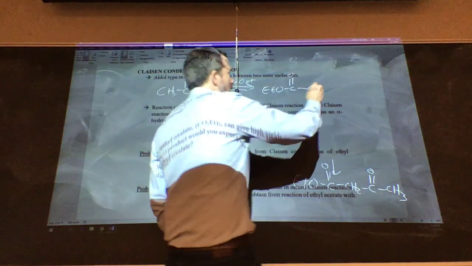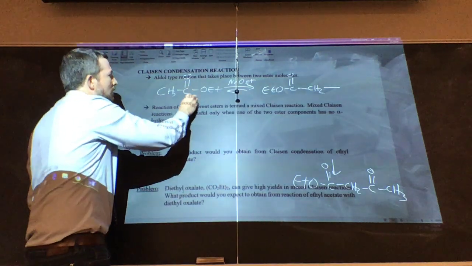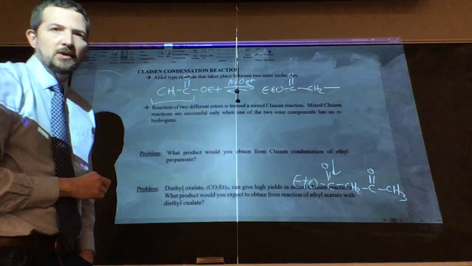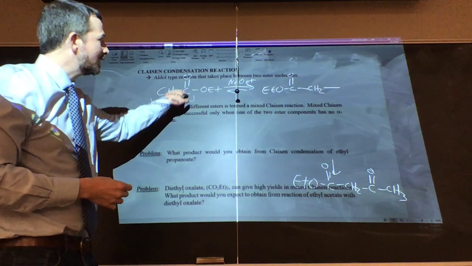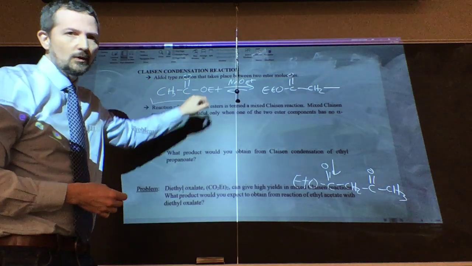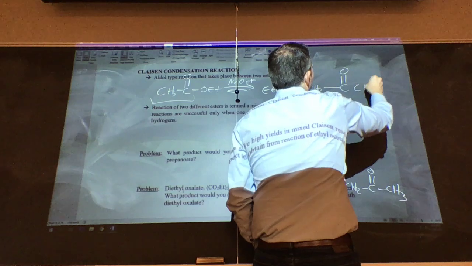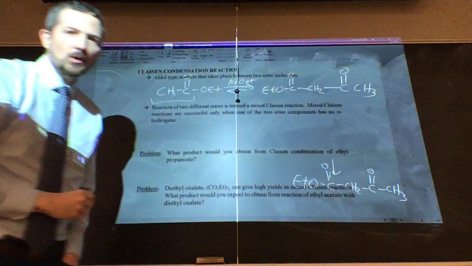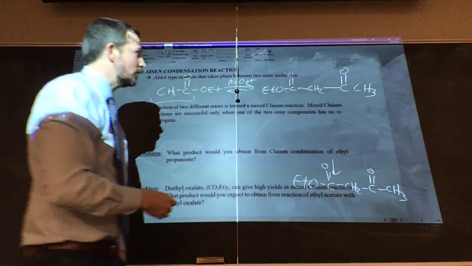So I took off the alpha proton. Now what I'm going to show it connected to is the carbonyl of the second molecule, minus that OEt, the ester group there. And that'd be the product of that reaction, which in this case ends up being the acetoacetic ester.